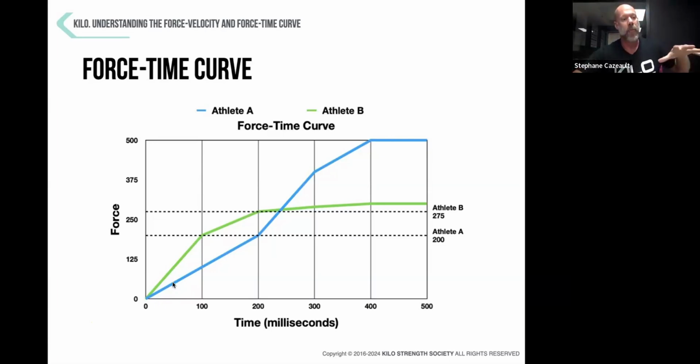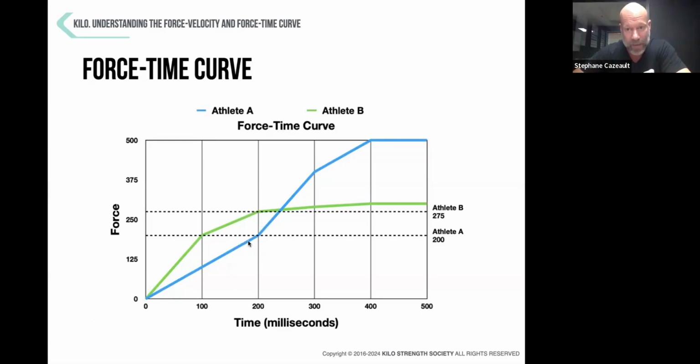So with tasks like punching or kicking, the higher your starting strength, so the higher the amount of force you can generate in less than 50 milliseconds, the better the outcome for you from a performance perspective. Okay, so 50 milliseconds is starting strength, whereas explosive strength will be more around that 200 milliseconds.